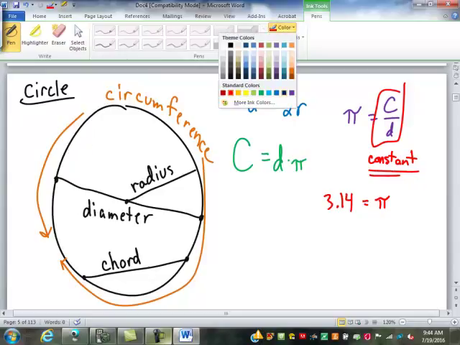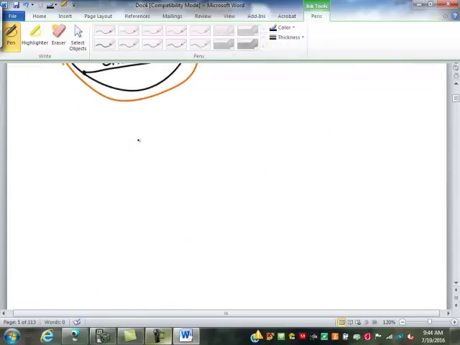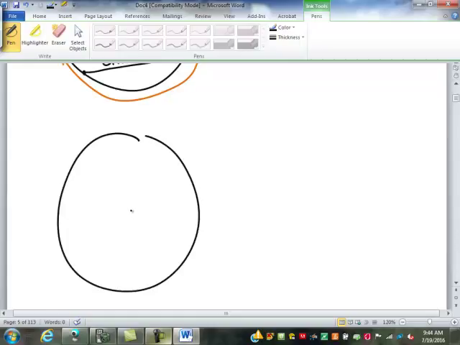So the circumference of a circle is equal to the diameter times pi. Now the diameter is 2 times the radius. So another way of writing the circumference of the circle is sometimes 2 times r times pi. 2 times the radius, which is the diameter, times pi. So if I have a circle with a radius of 5 inches, how do I find my circumference?